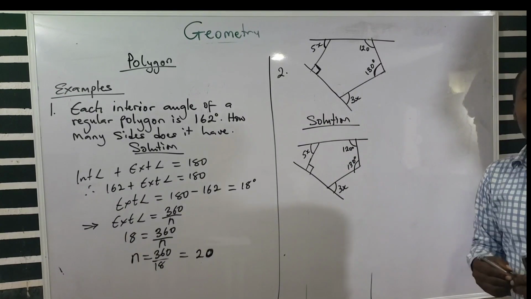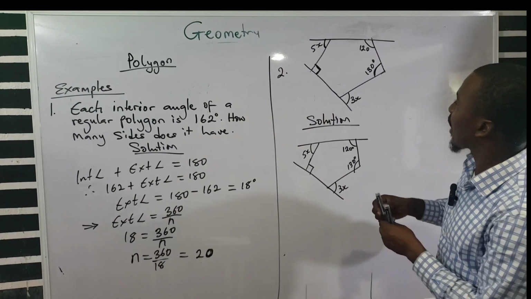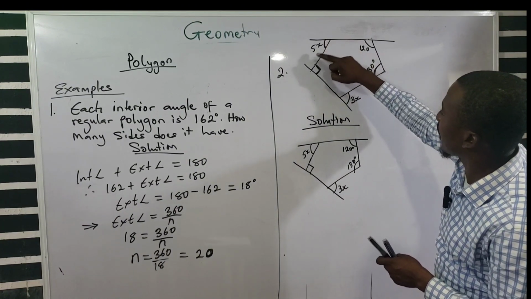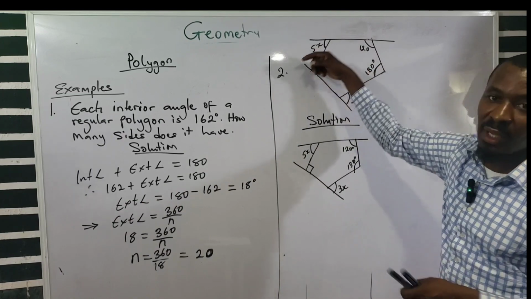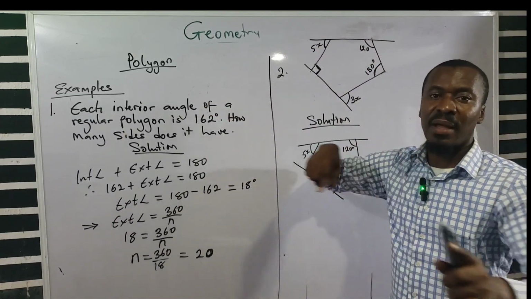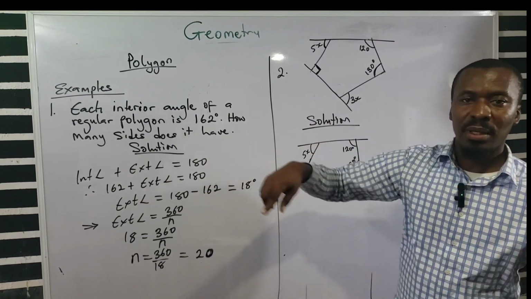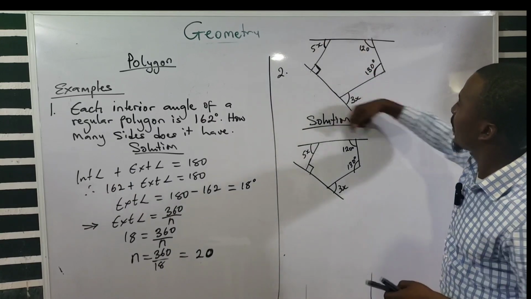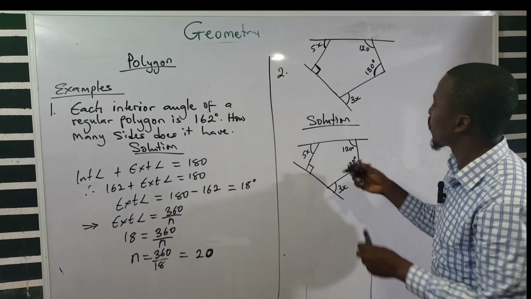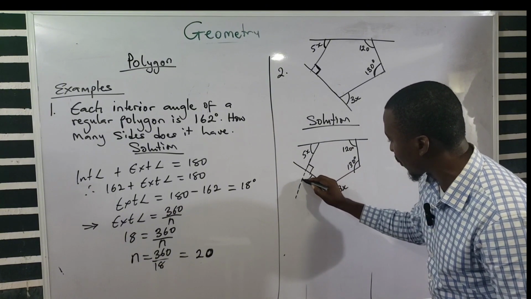Okay, so remember what I told you about exterior angles. You cannot come here and say this and this are exterior angles. No, you can see that they are facing each other. Exterior angles are either clockwise or anti-clockwise. So since this one and this one are anti-clockwise, that means we have to get the other ones in that anti-clockwise direction also.